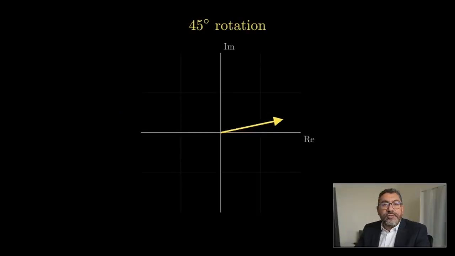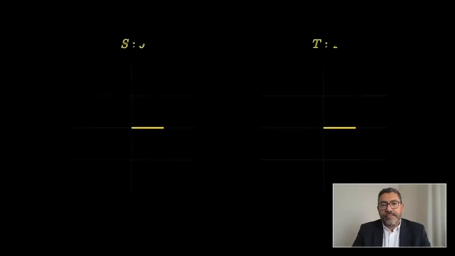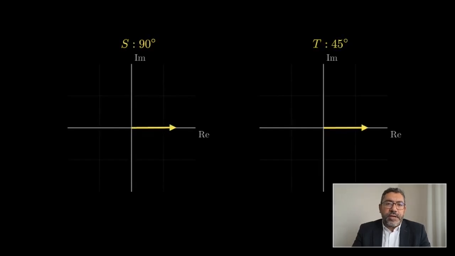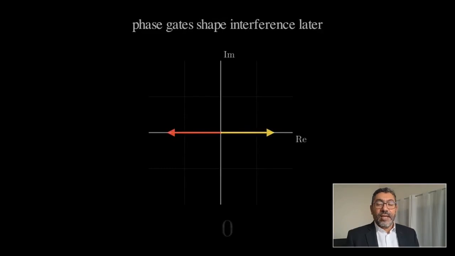This is a 45-degree phase rotation. You can think of S as a bigger phase turn and T as a smaller, more precise phase turn. These phase gates are very important because they change how amplitudes will interfere later.